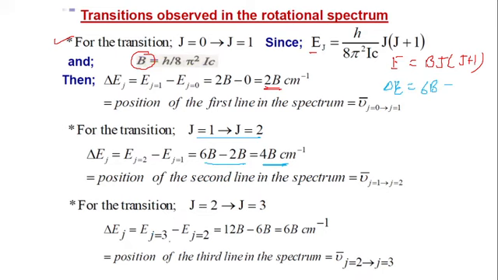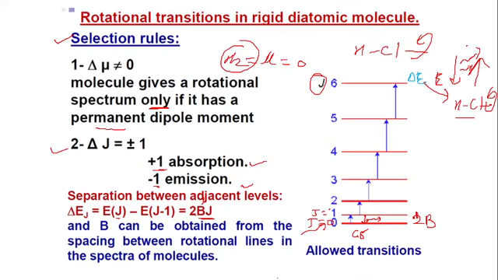Whenever you move from energy level 1 to 2, you can see that for the 0 to 1 excited energy level transition, we get the 2B value, and whenever we move from 1 to 2, we get the 4B value. That means their energy difference is going to increase.